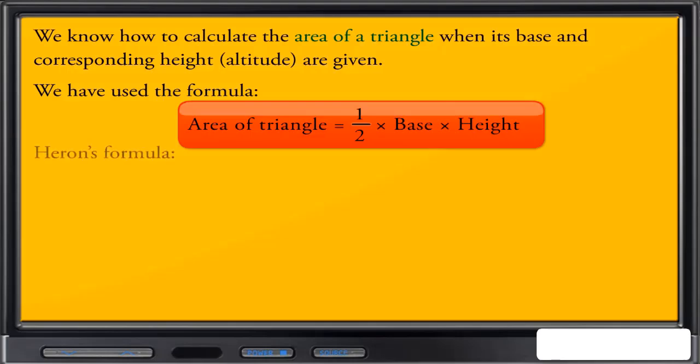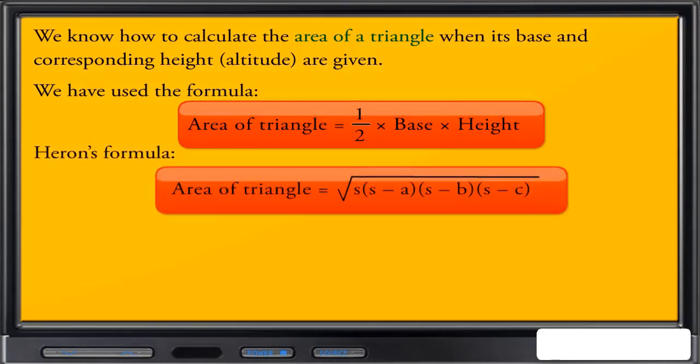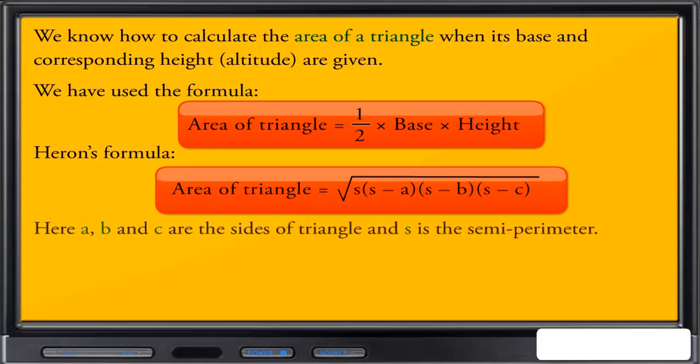We also know Heron's formula to find the area of a triangle. Here, a, b and c are the sides of the triangle and s is the semi-perimeter, and s is equal to (a + b + c)/2.